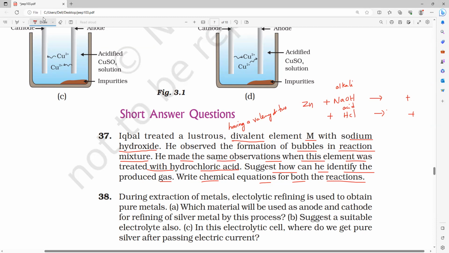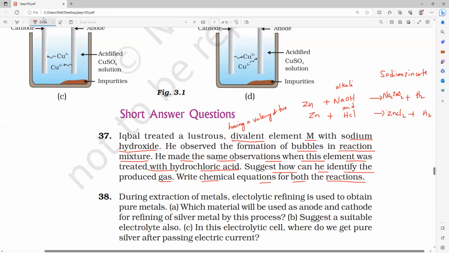Anybody? What is the salt? Sodium zincate, Na2ZnO2, plus you will get hydrogen gas. Most important one, sodium zincate. Please write it. Many times we write this equation. Next, zinc reacting with HCl will form zinc chloride plus hydrogen gas.